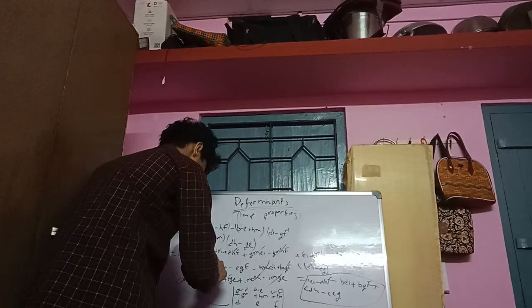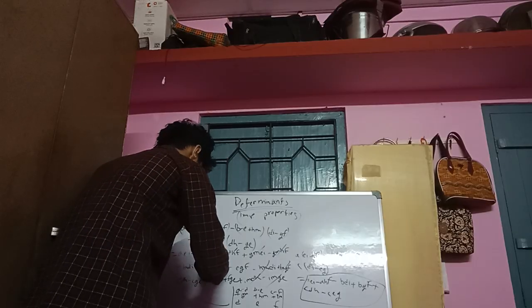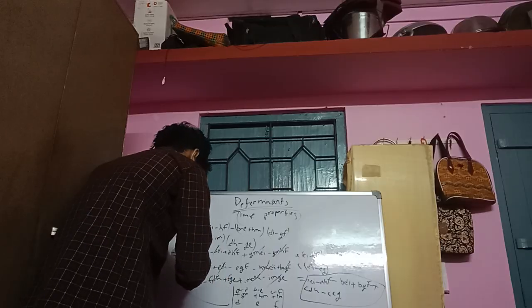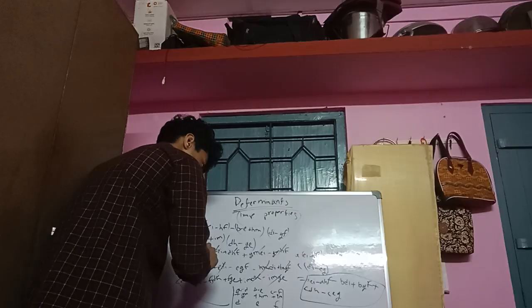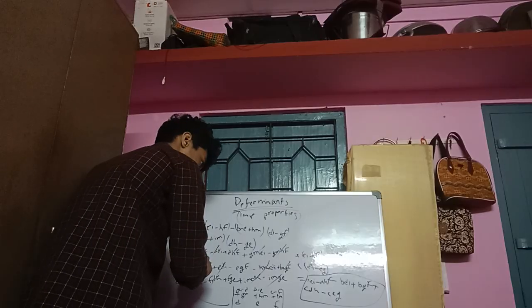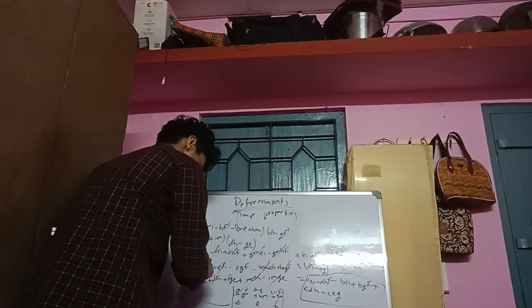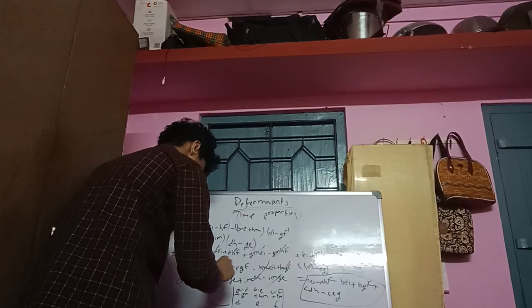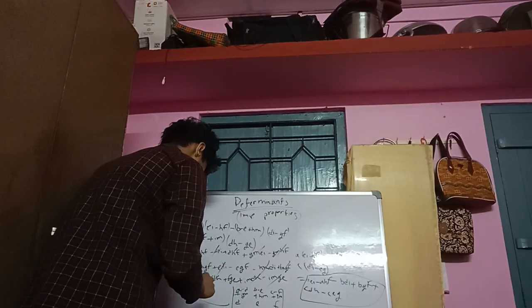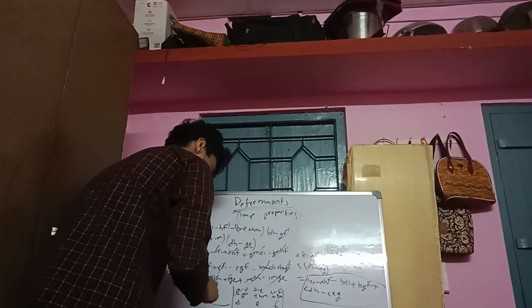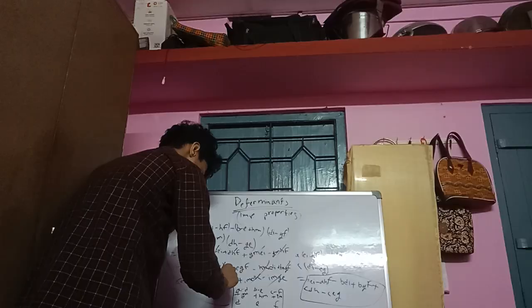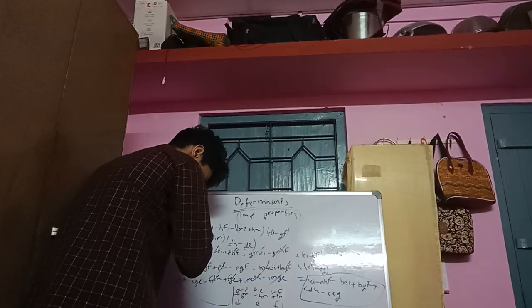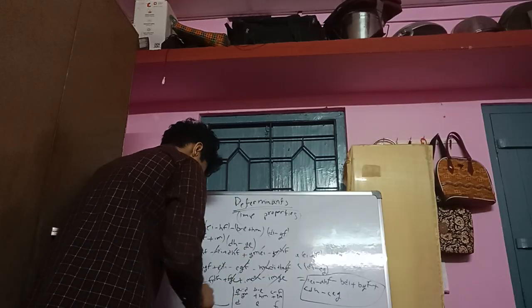Minus DEI plus EDI, same thing, would cancel out each other. BDI would remain the same. BGF would remain the same. EGF minus EGF and plus FEG, same thing. They are opposites of each other, so they will cancel out each other.